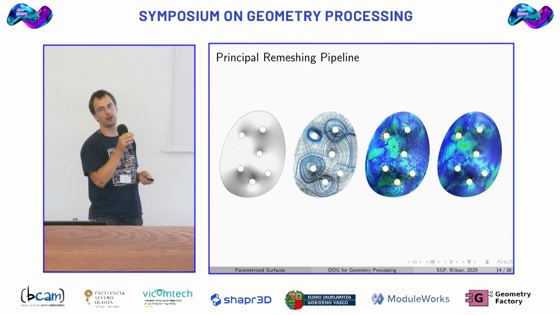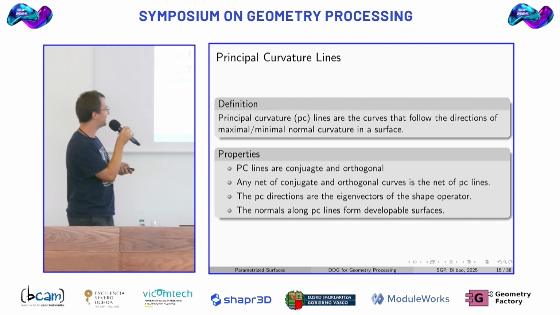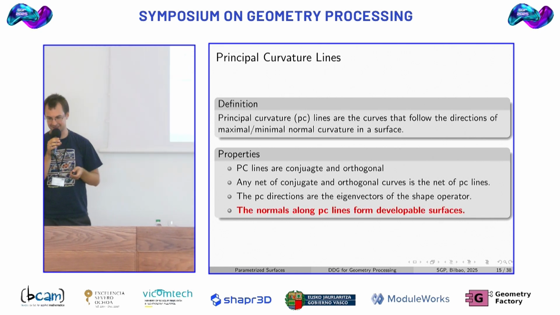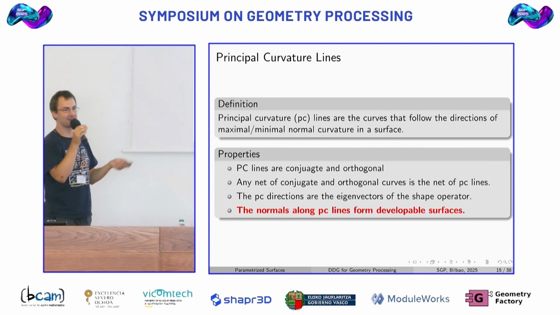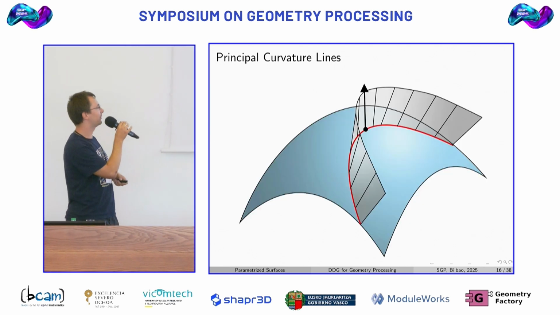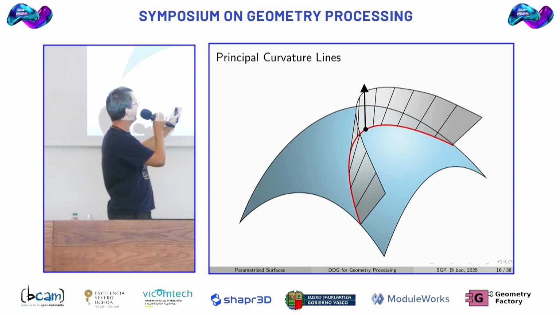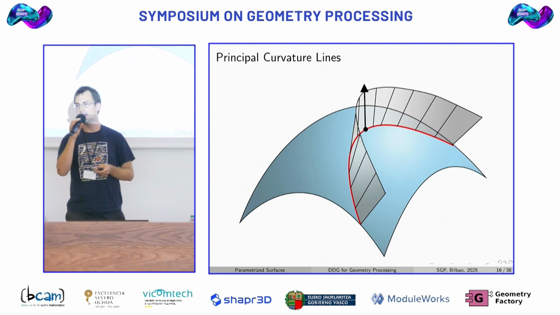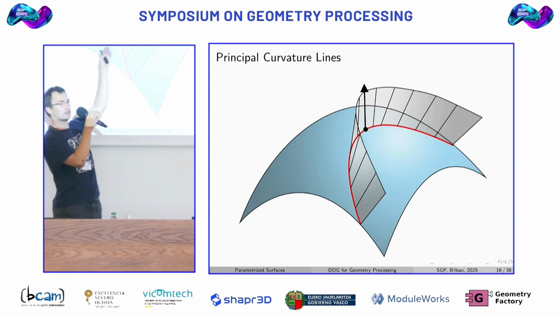Okay. Our principal curves, however, can do a bit more. They have many features, I said, and I want to briefly talk about this last one that maybe seems a bit weird, because I'm talking again about developable surfaces. This means the following. If you have your surface and a curve on your surface, then you can trace the normals along the curve.